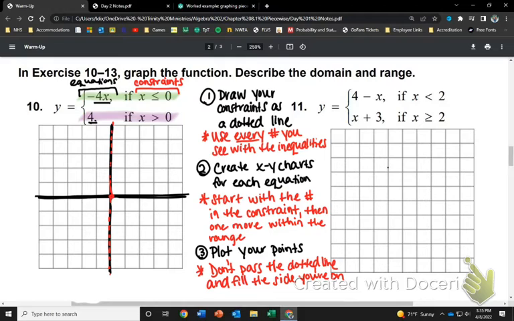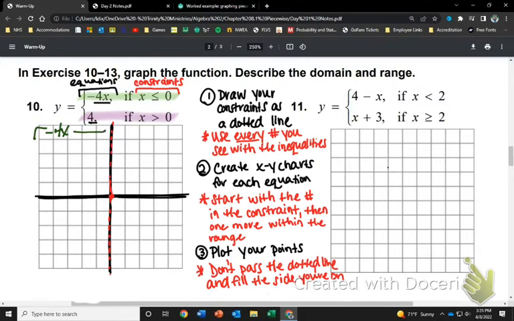Okay, so then the next thing I need to do is create XY charts for each equation. Now remember, the equations are limited to a side of the constraint line I just drew. If I look at the first one, my green one, it's negative 4x if x is less than or equal to 0. Well, all the numbers that are less than 0 are on the left-hand side, so it would be over here.